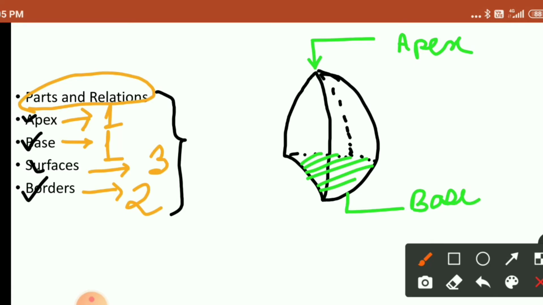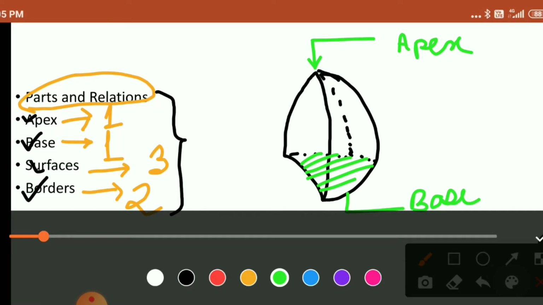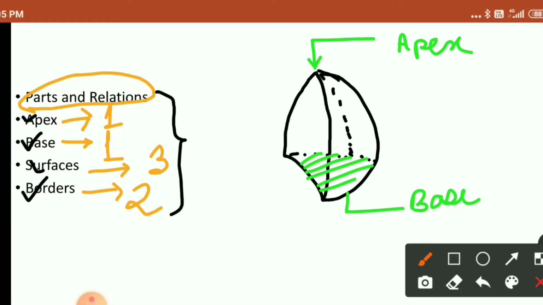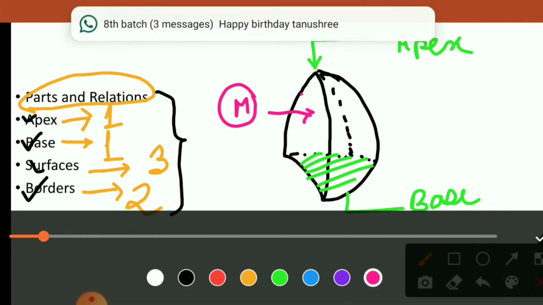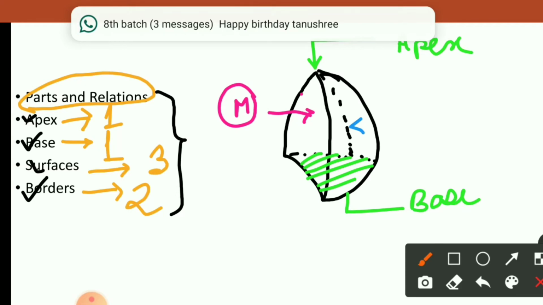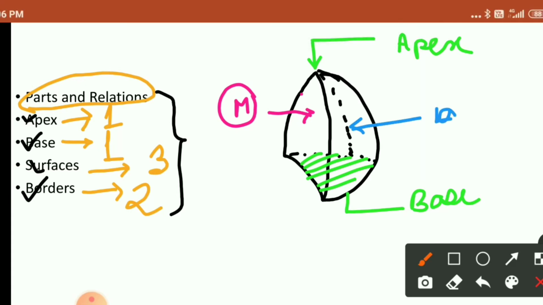Now it has three surfaces. What are the three surfaces? First, the surface that I am demarcating with pink color, it is the medial surface. Yes, the surface which I am demarcating with blue color, this is the lateral surface.